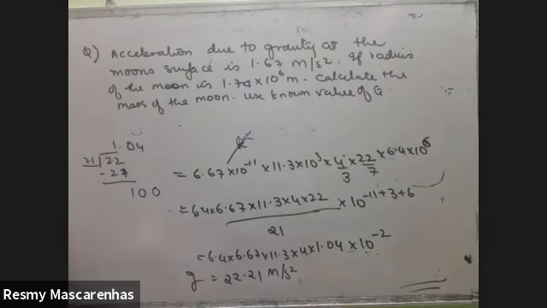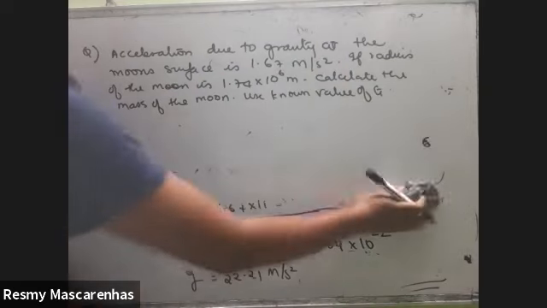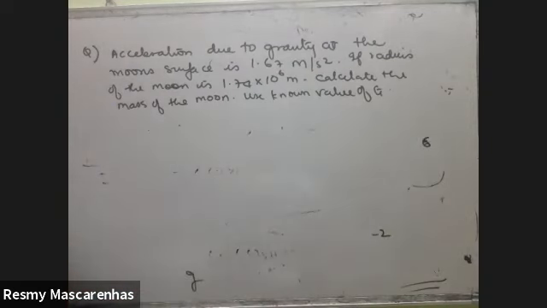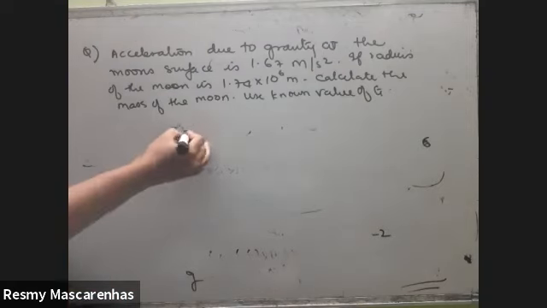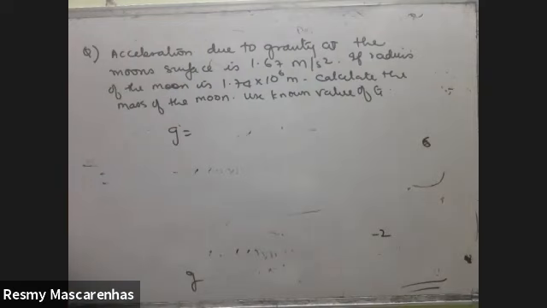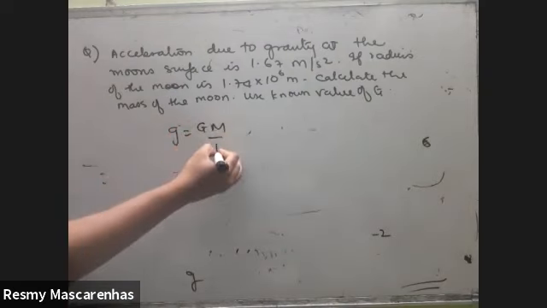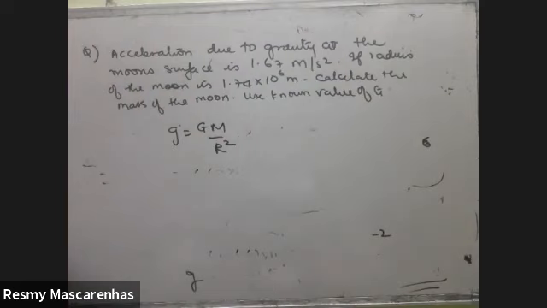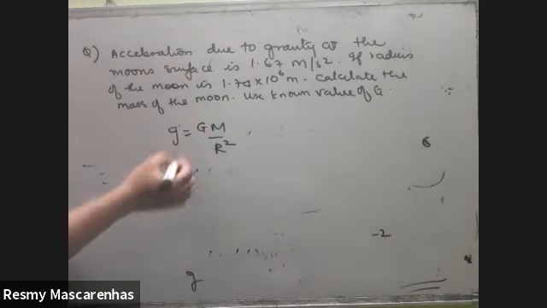So we know that it is 6.67. Acceleration due to gravity, the only formula which you can think of is g = GM/R². It is given as 1.67.